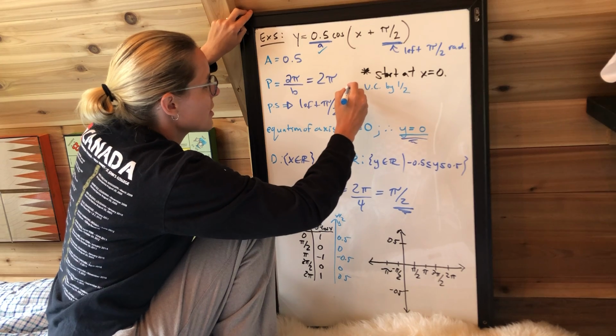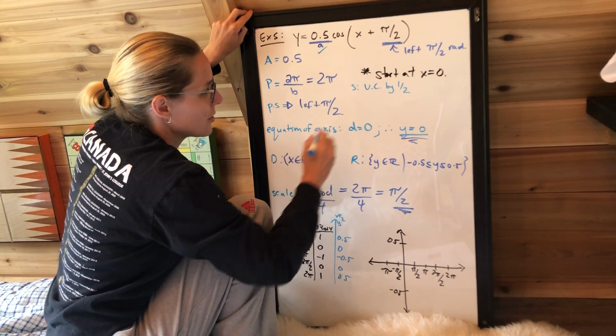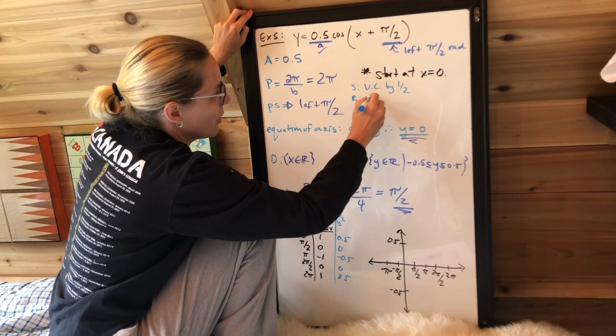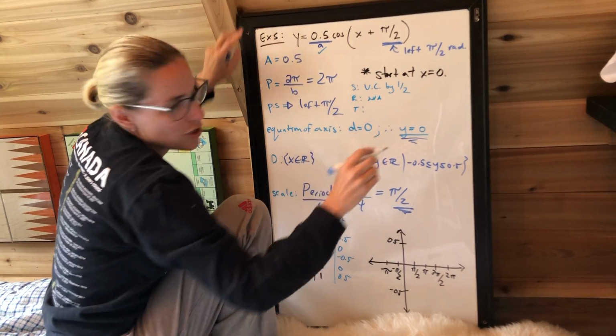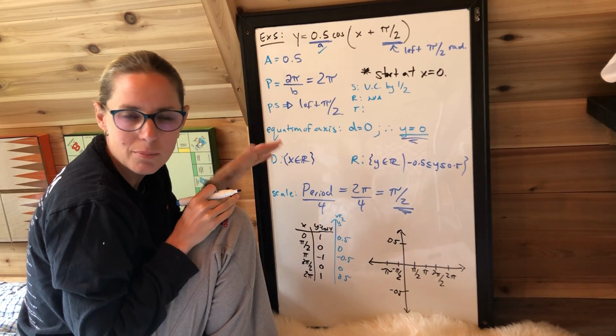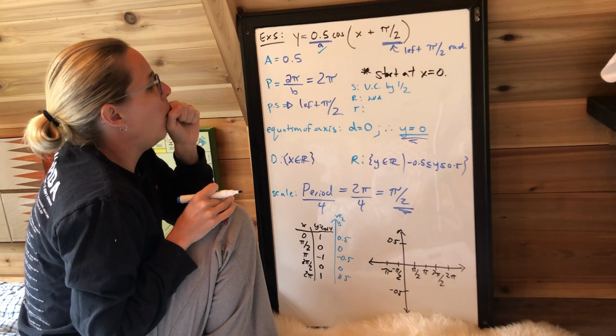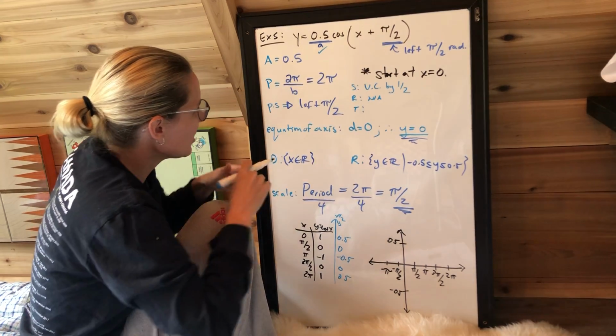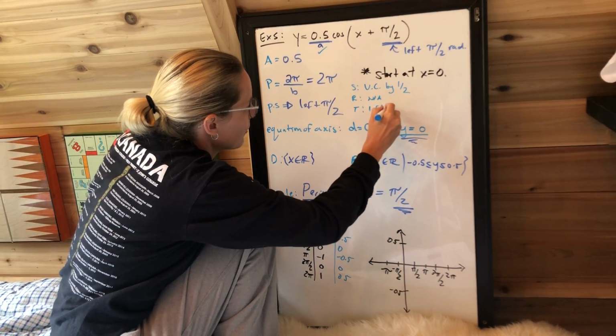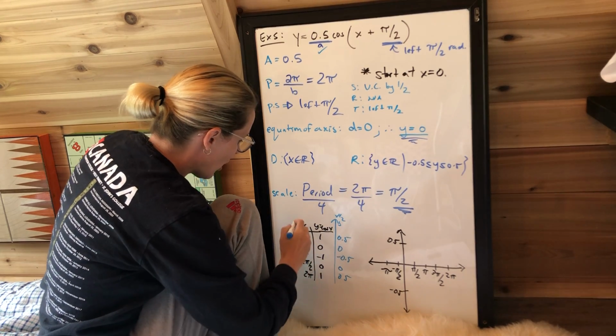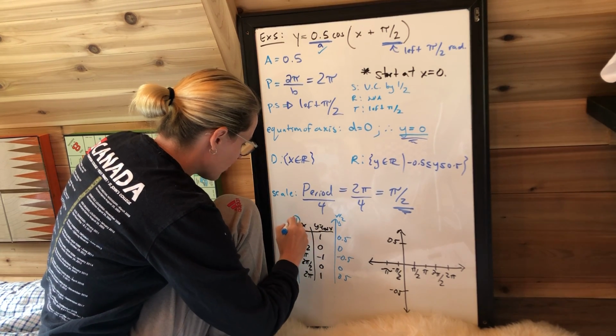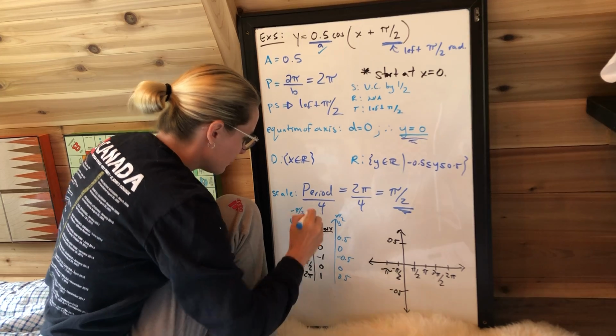The other thing, and I used to say, write your stretches and compressions first, then your reflections, which we don't have in this case, then your translations, which are the additive things, up, down, left, right. So our translation here is left pi by 2, which means we're taking our x values, and because we're moving it left, we're going to subtract pi by 2.